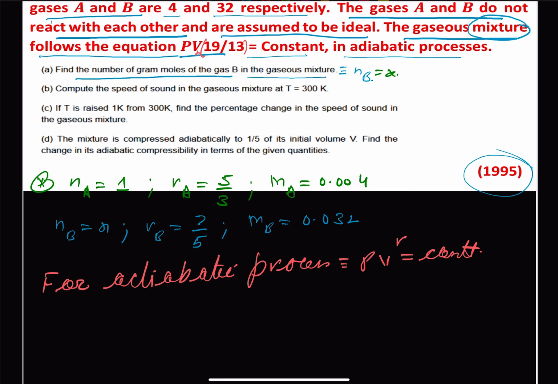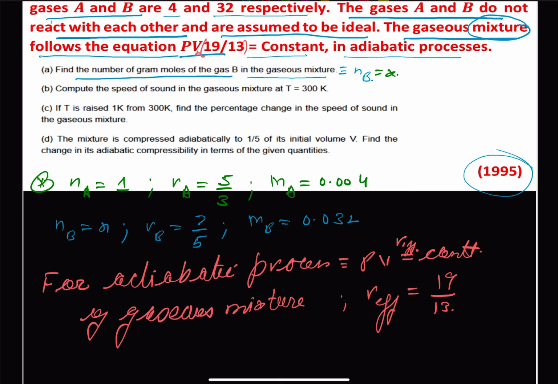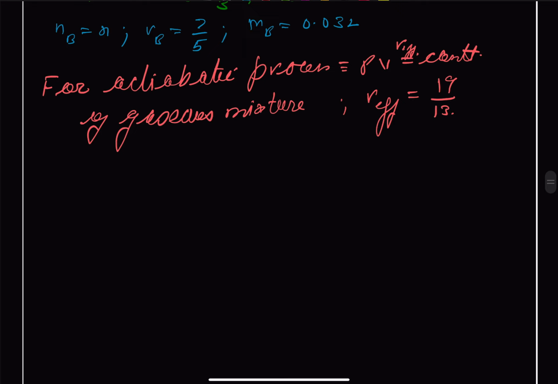So we can say for the adiabatic process of the gaseous mixture, we can write this gamma as gamma effective, and the value of gamma effective is 19 by 13. Okay. So let's find out for part A.